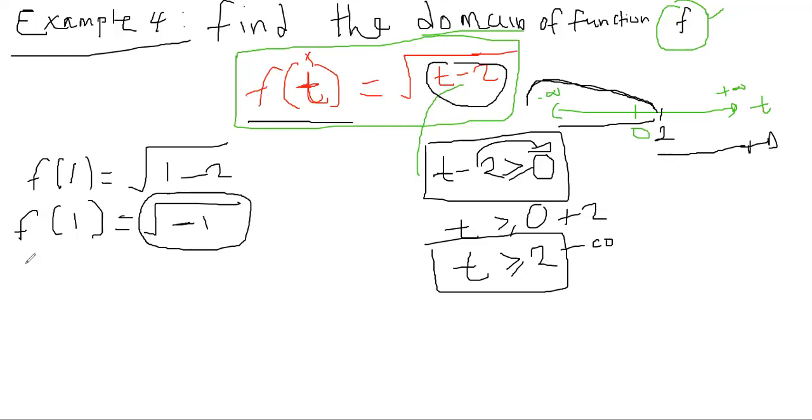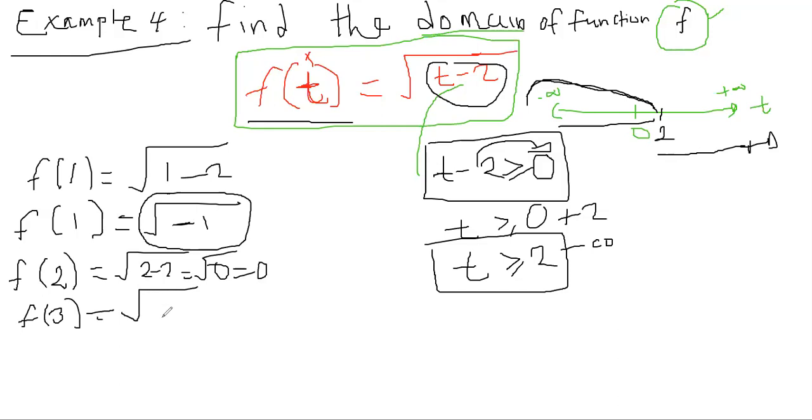For example, if we say f of 2, that is t equals 2, we will have 2 minus 2. So we will take a square root of 0, which gives us 0. If we take 3 also, we still have a positive: 3 minus 2 equals the square root of 1. But any number that is less than 2 will lead to having a negative number here. That's why we have to exclude all the numbers that are less than 2.